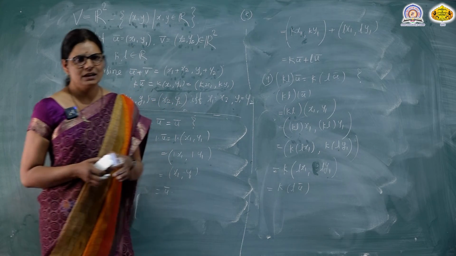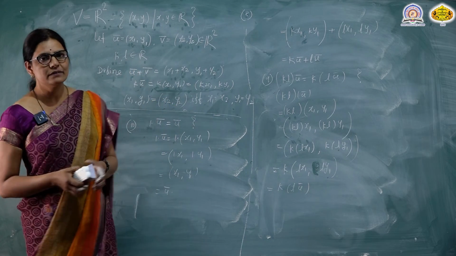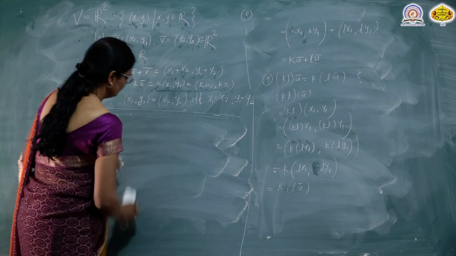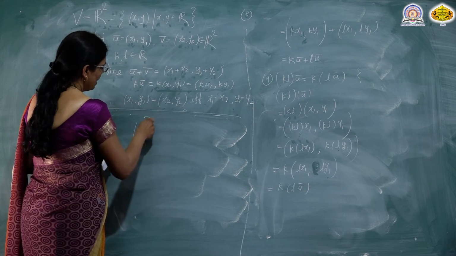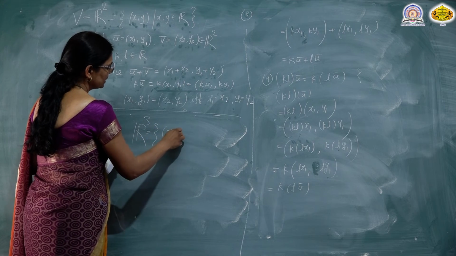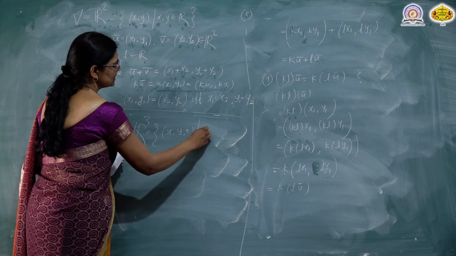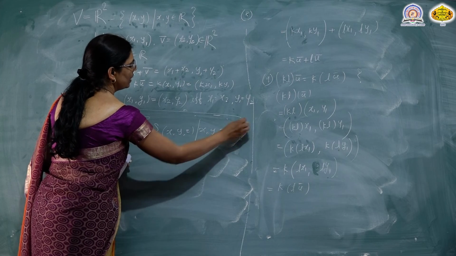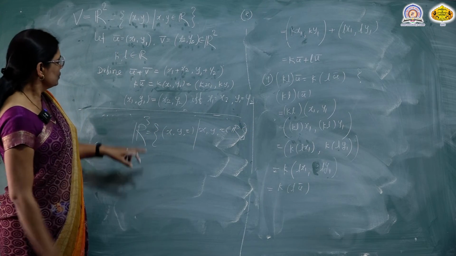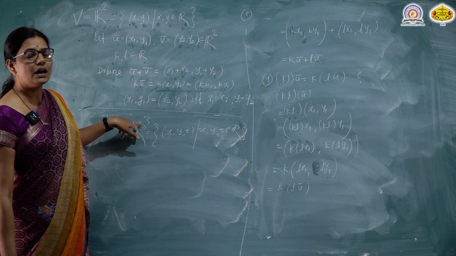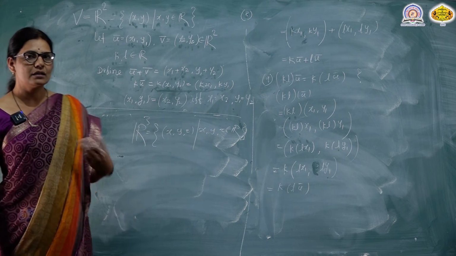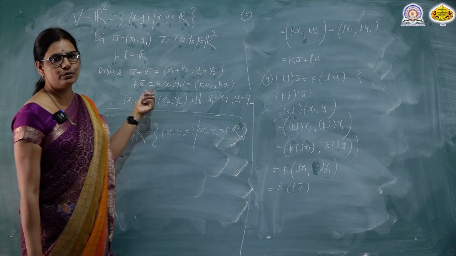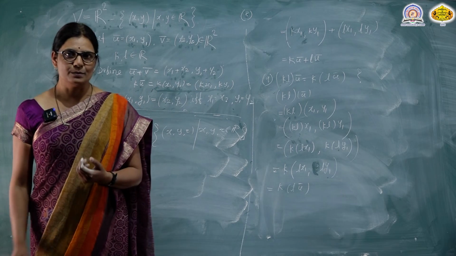So similarly you can extend the same concept to R3. What is R3? R3 is nothing but the set of all triplets x, y, z such that x, y, z belong to R. So we can easily prove that R3, R raised to 4, R raised to n are also vector spaces with component wise addition and component wise scalar multiplication.